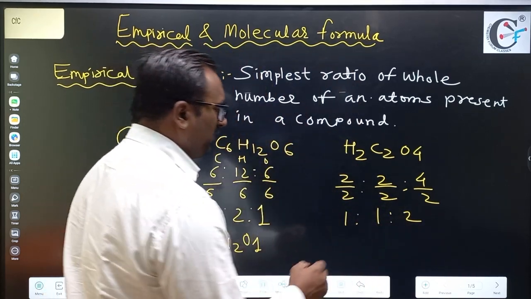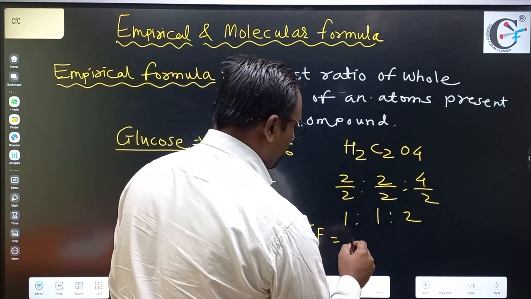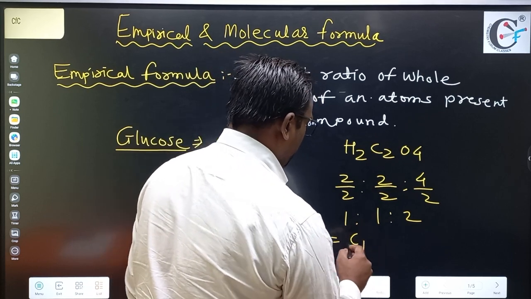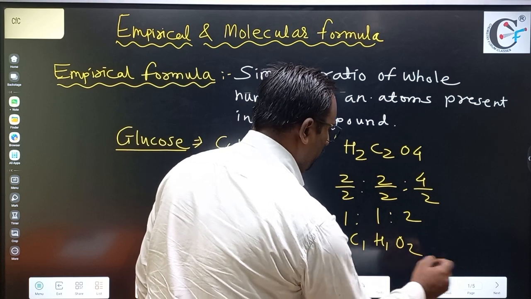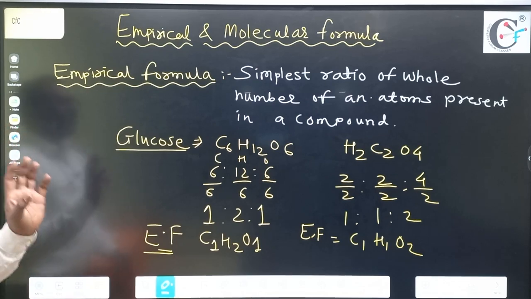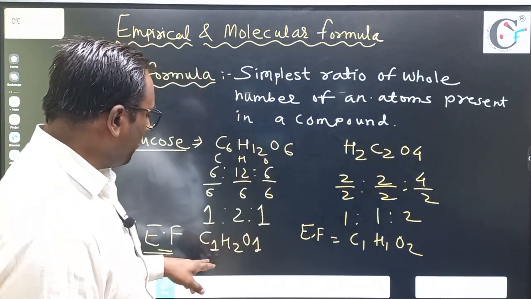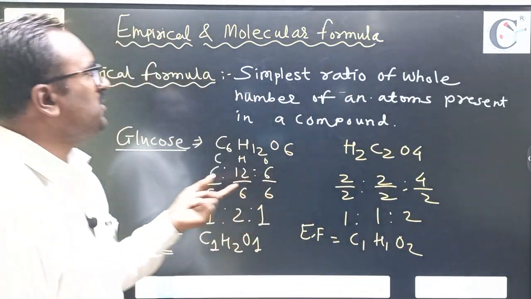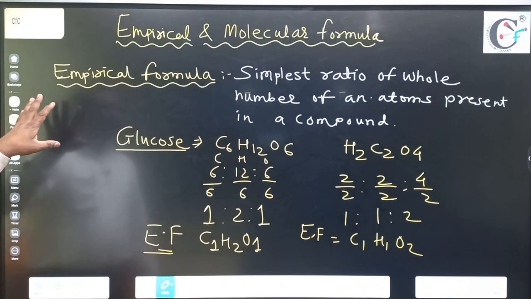It means that the EF, the empirical formula, will be C1H1O2. This is the empirical formula. So empirical formula is nothing but the simplest ratio of whole numbers. If I am getting a fraction, convert it into whole numbers by multiplying with a suitable number.